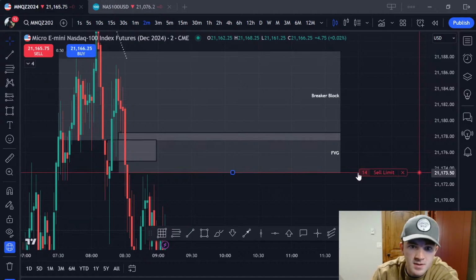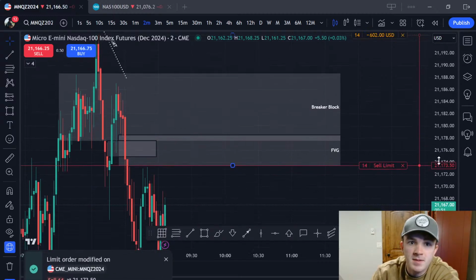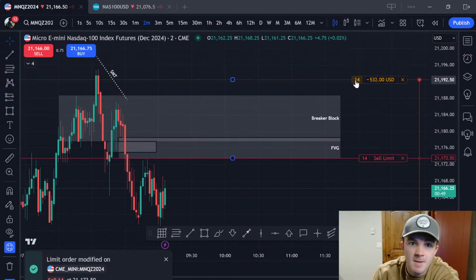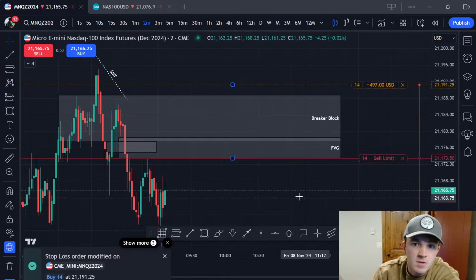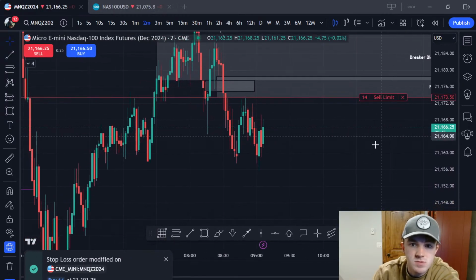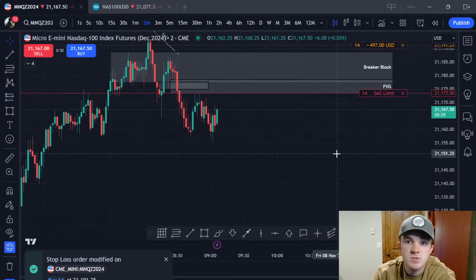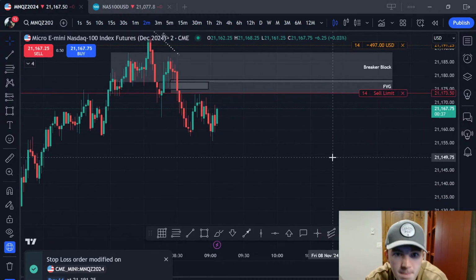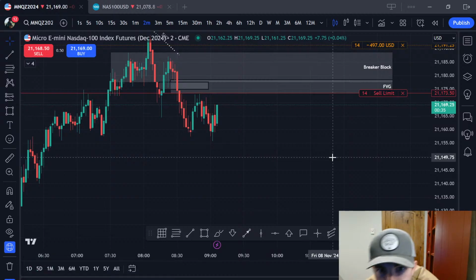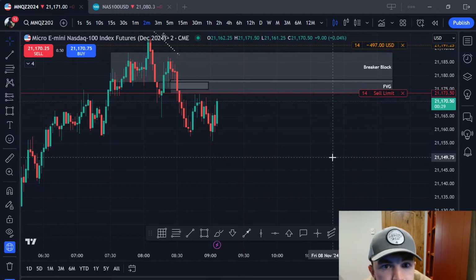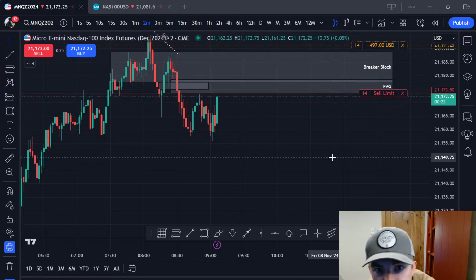I want to enter on the start, and then I'm just gonna lower this so I don't need it as high. Okay, we'll see if we get this.